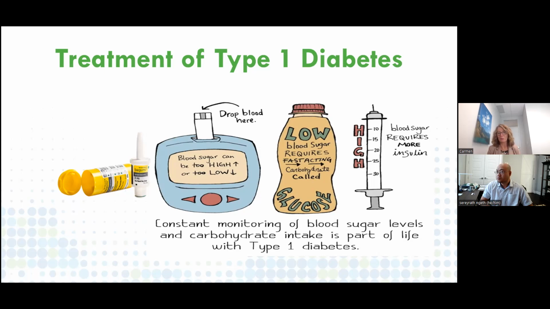We have blood glucose meters, and the little yellow canister and nasal spray you see there is the latest form of glucagon, which can be very helpful in a period of severe low blood sugar. Next slide, please.